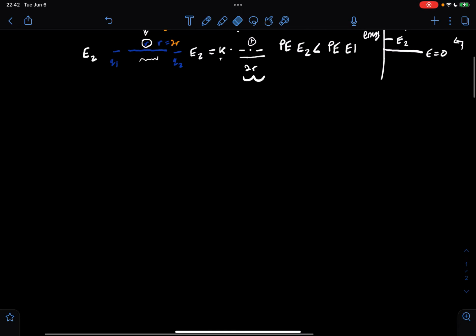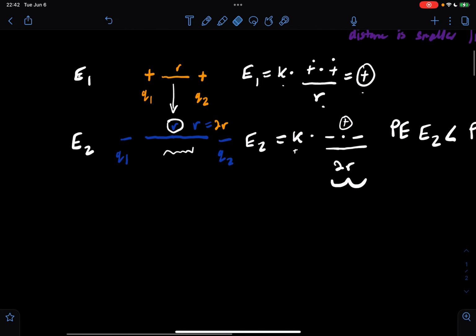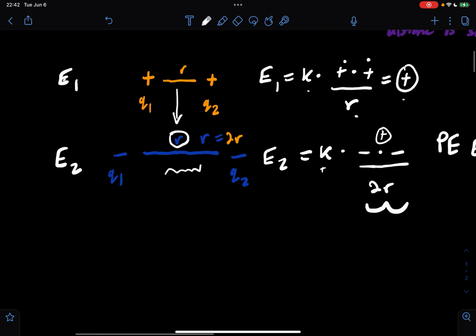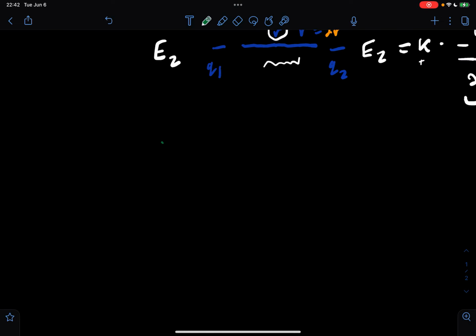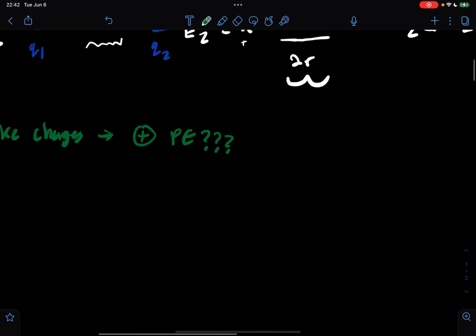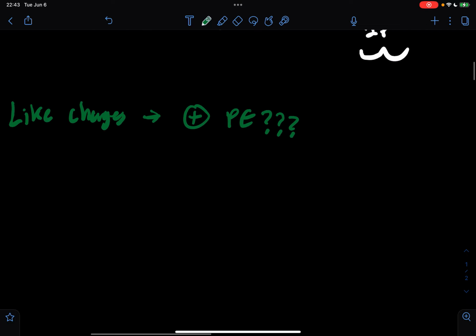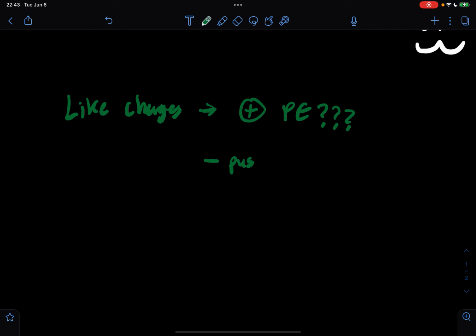So let's think about the conceptual idea of what it means to have positive and negative potential energies. As we saw in this example, when two like charges interact with each other, we get a positive potential energy. So like charges have positive potential energies. But why? What does this mean? Well, this means that particles are pushing each other away. They really don't like each other.